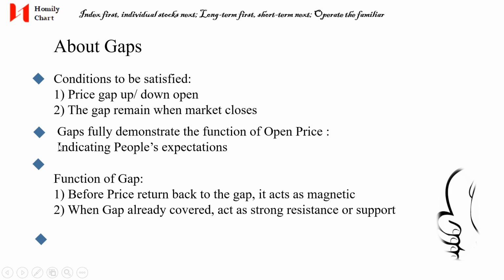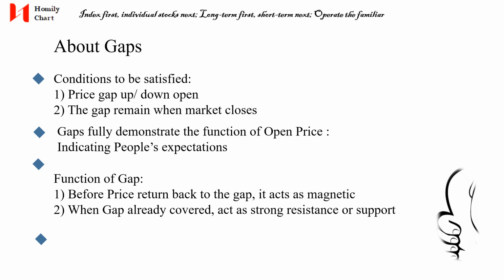Before the price returns back to the gap, it acts as a magnetic. It means the price tends to move back to the gap area. Okay, so when the gap is already covered, usually it would act as strong resistance or support.